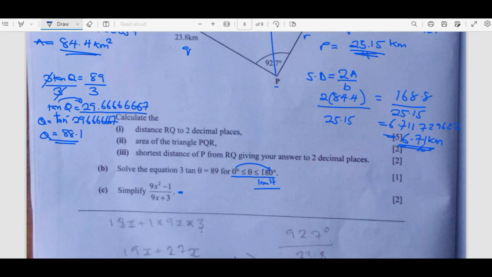So we're going to change this, which is on top, to a difference of two squares. So we're going to find a number that will multiply itself to give us a 9. So that is 3. So 3 squared, and then we have x squared minus 1 squared.